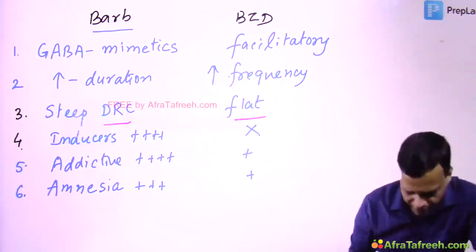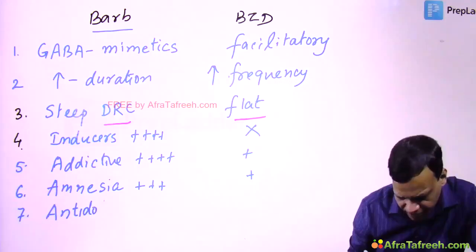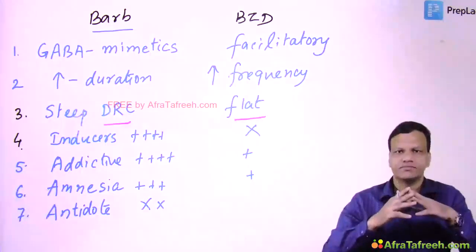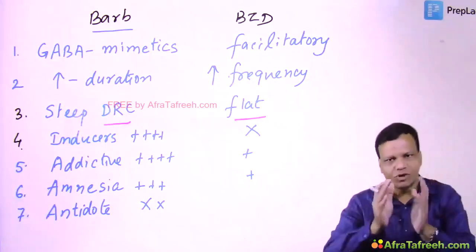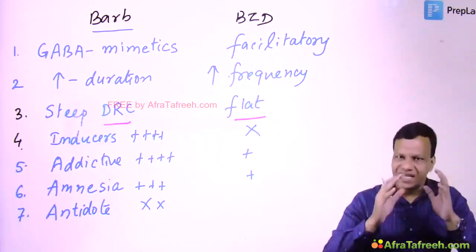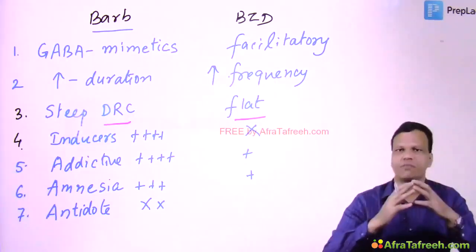Okay. Then lastly, if an overdose occurs, if toxicity occurs, we have no antidote for barbiturates. We have no antidote. Only symptomatic treatment, plus because they are barbituric acid derivatives, we can alkalinize the urine to help in their excretion, but we have no specific antidote for barbiturates.